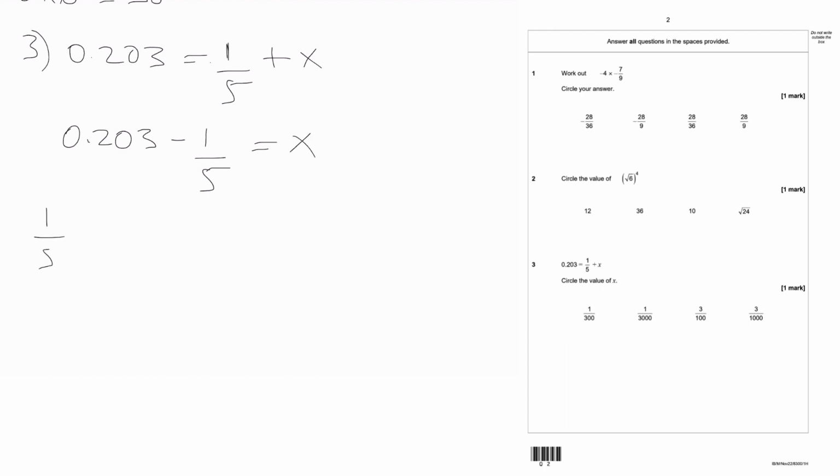So 1 over 5 is equal to 0.2. So if we plug this into what we've got now, we have x is equal to 0.203 minus 0.2, which equals 0.003, and as a fraction 0.003 is 3 over 1,000.